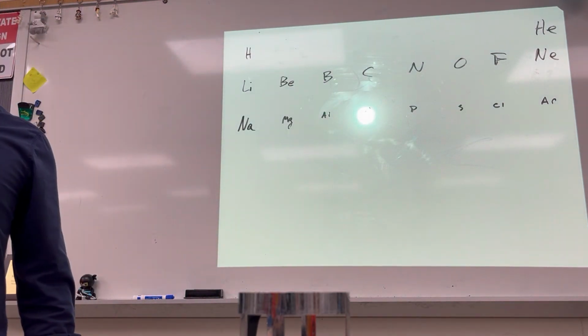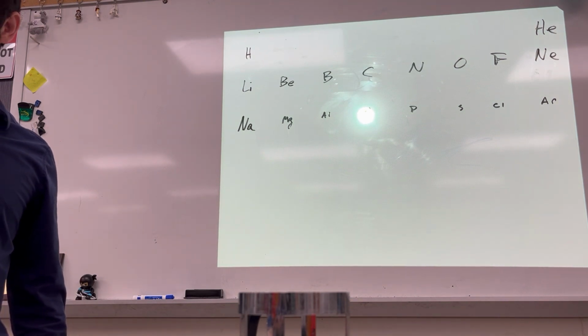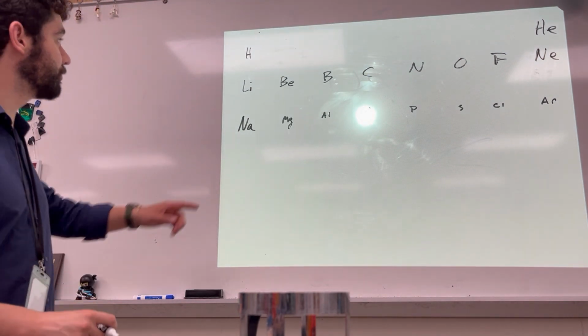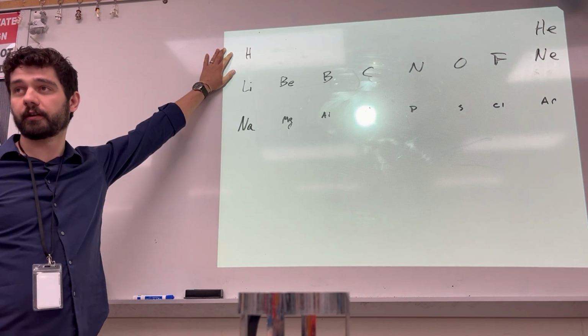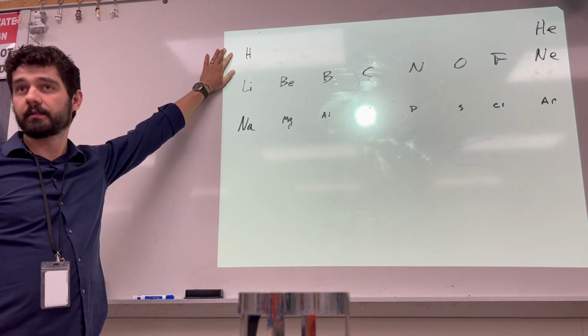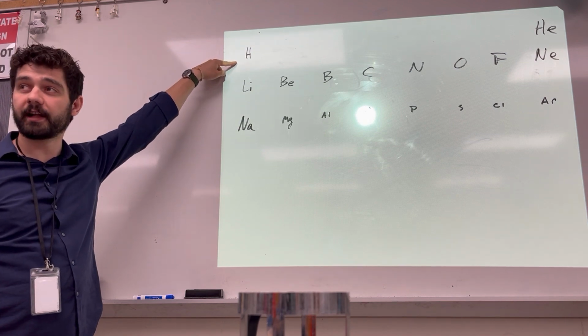They're not as hard as you think. Let's start with hydrogen. We're going to assume that all of these atoms have a 0 charge. If hydrogen has a 0 charge, can you figure out how many electrons it's going to have?